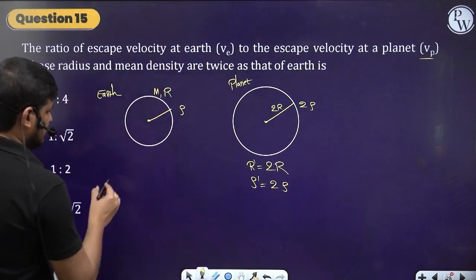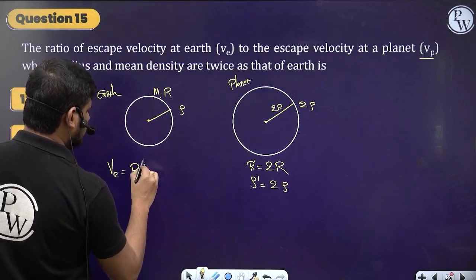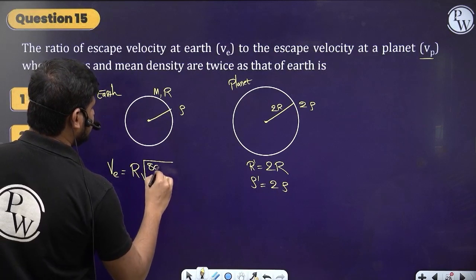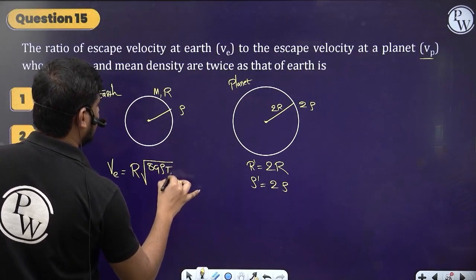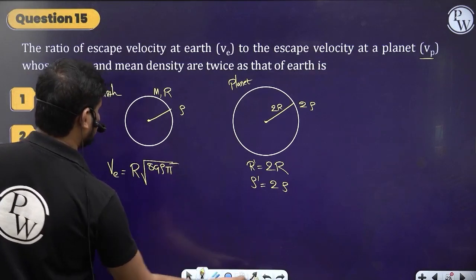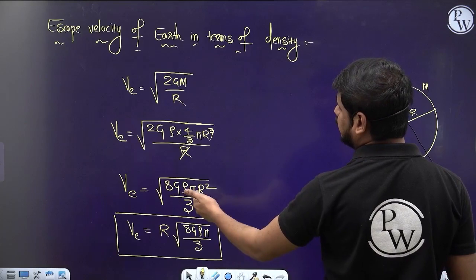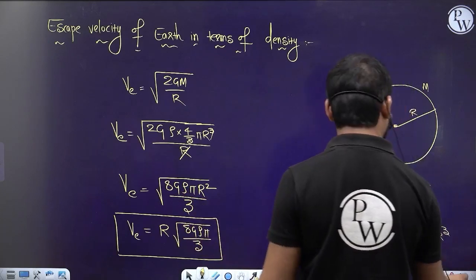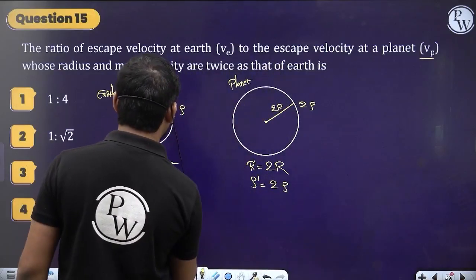We know that the escape velocity of the Earth is r into root over 8 G rho pi by 3.